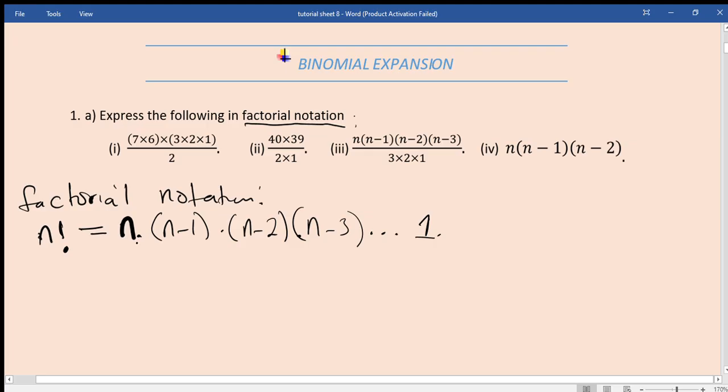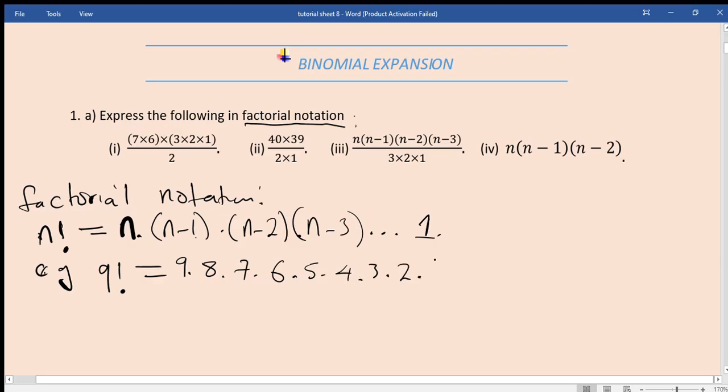For example, let's say I'm talking about 9 factorial. 9 factorial is 9 times the next digit, 9 minus 1, which is 8, multiplied by 9 minus 2, which is 7, multiplied by 9 minus 3, which is 6. The decrease continues to 5, 4, 3, 2, until we reach 1.